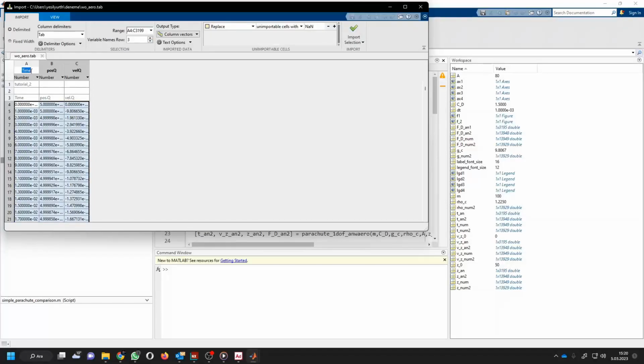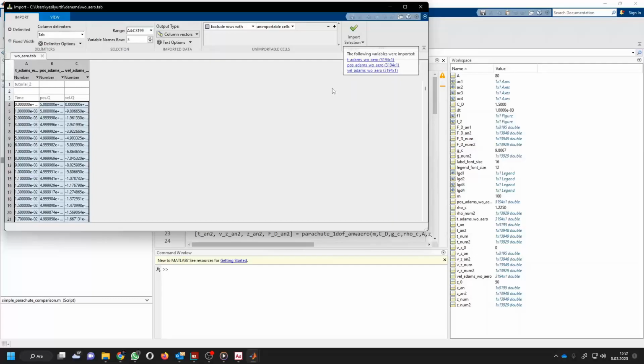This will be t_adams without aero, position_adams without aero, velocity_adams without aero. Import selection, okay.